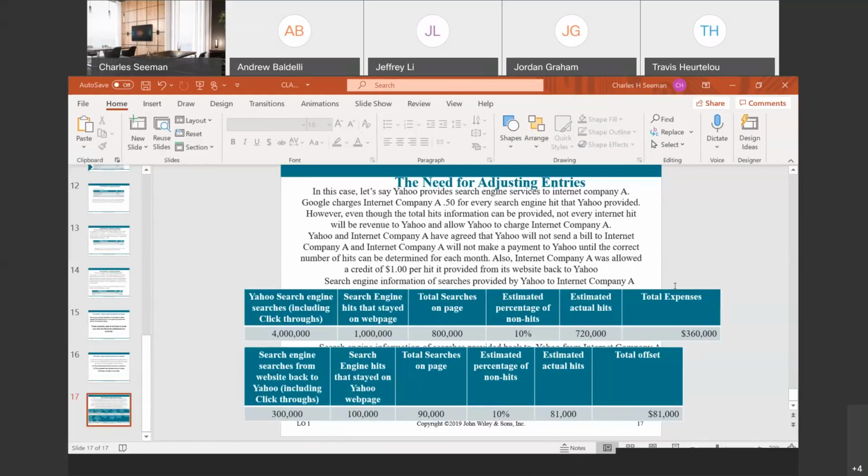Okay, so basically I just explained how that works. But for this class, you really only have to know that sometimes we don't know the accurate amount of revenue or expenses that was actually earned. So in order to make the period correct, we have to estimate them.